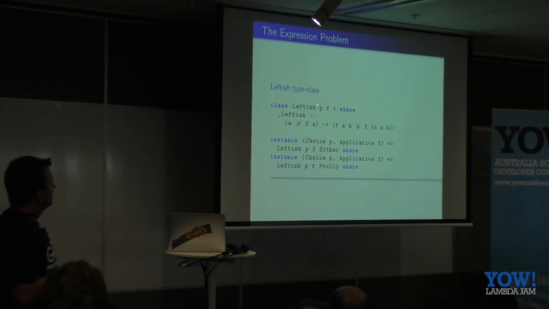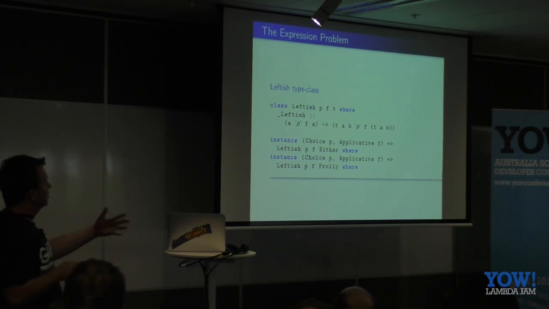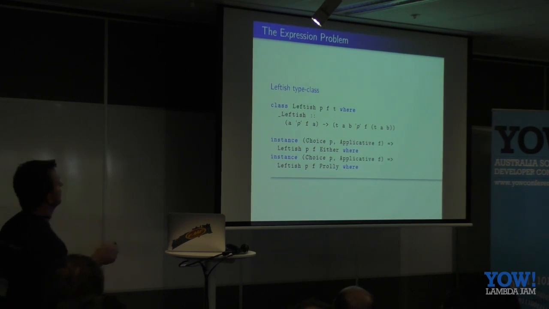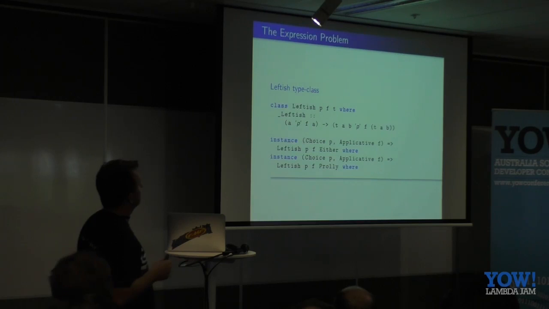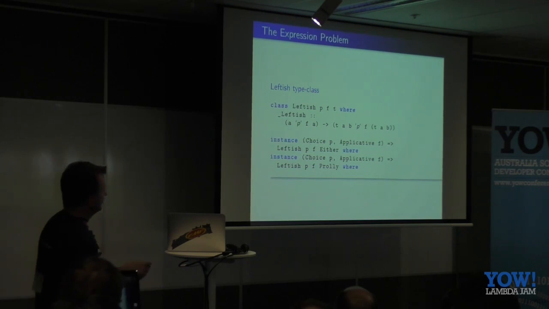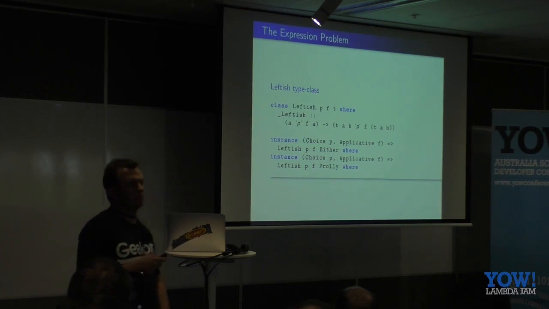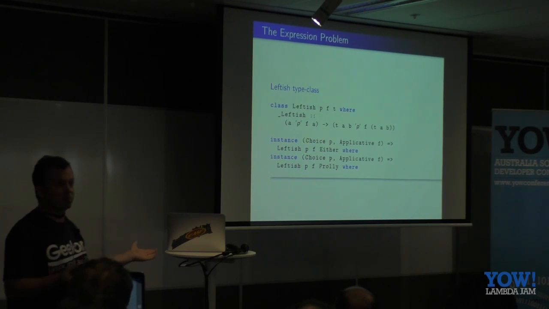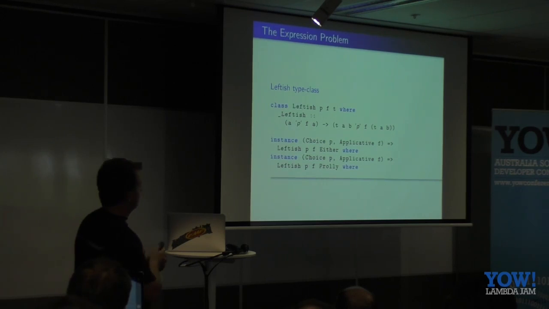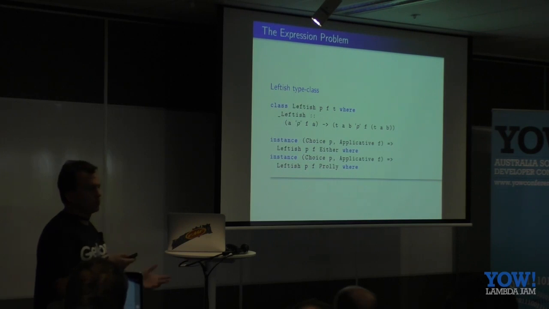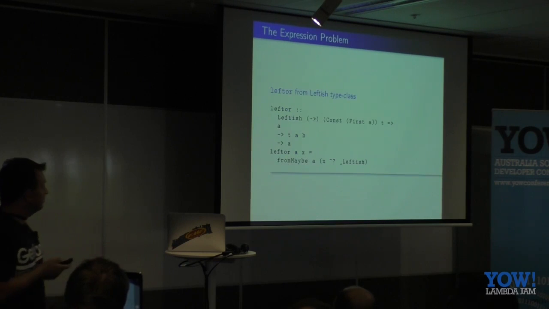And we've said that anything that has the notion of leftishness satisfies this type signature here. And we have examples or instances of that. So either satisfies it where P is constrained by choice and F is constrained by applicative. Therefore, we can say that they are a prism. And we could put other constraints there to get different properties about it.